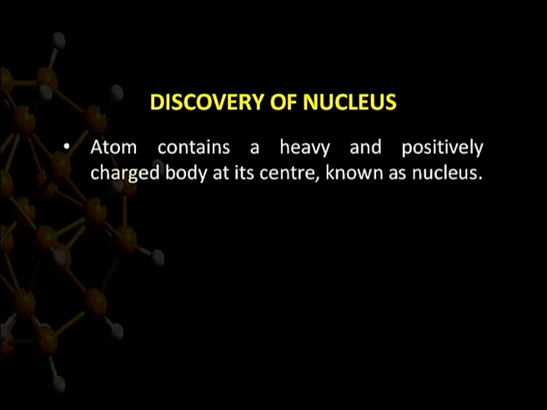On the basis of the observations made in the scattering experiments, Rutherford concluded that the atom contains a heavy and positively charged body at its center, known as the nucleus.